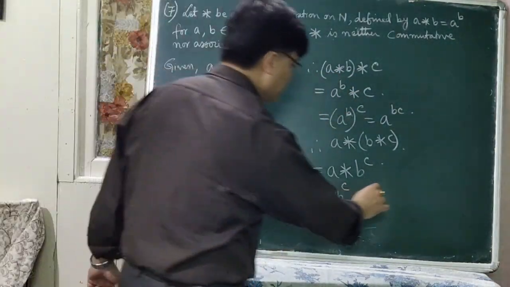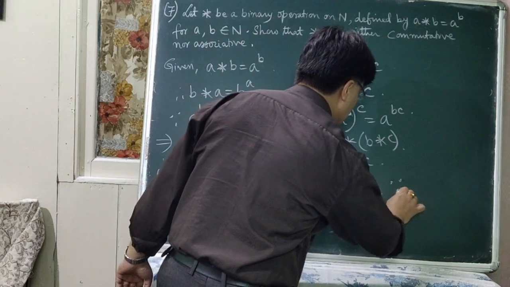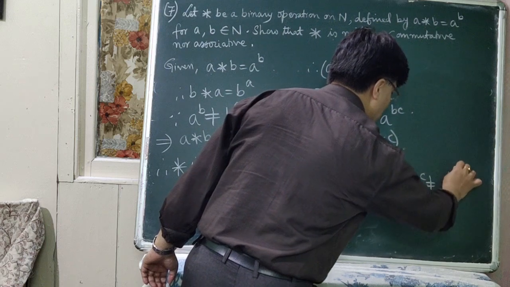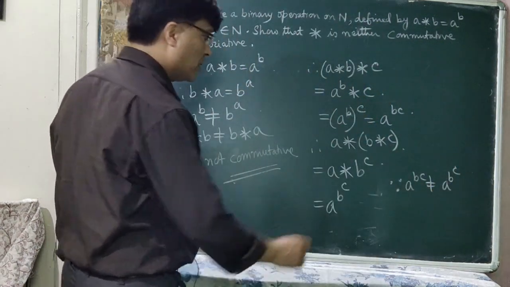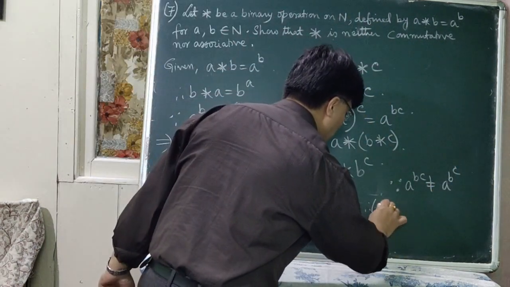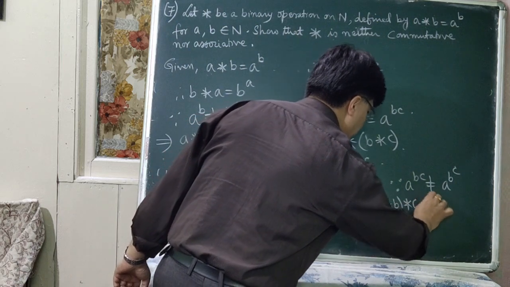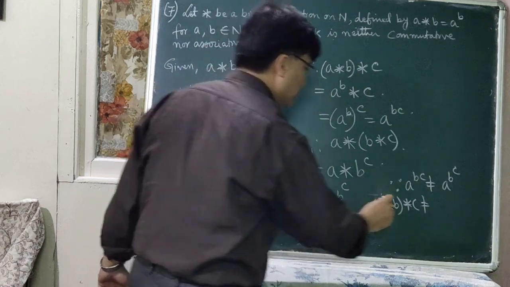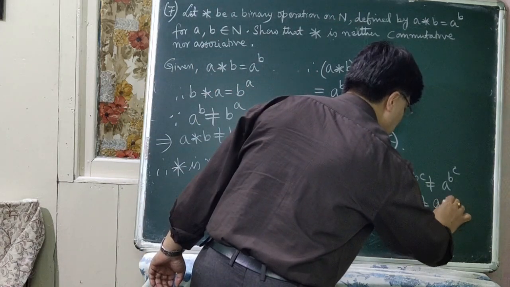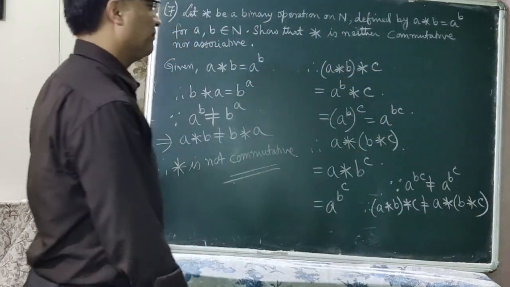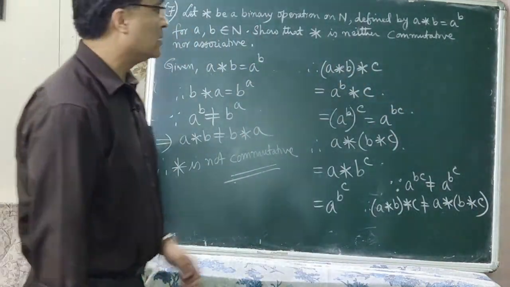That means, since (A to the power B) to the power C is not equal to A to the power (B to the power C), therefore within bracket A star B, star C is not equal to A star within bracket B star C. So I think you have understood it.